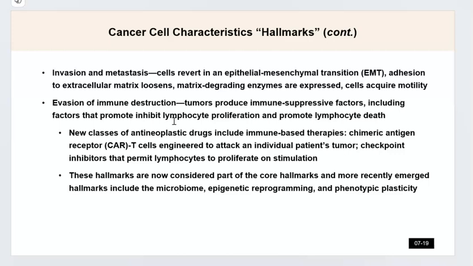The other thing a good old cancer cell can do is evade our natural immune destruction. So the tumors will start to produce immune suppressive factors, including factors that inhibit lymphocyte proliferation and promote lymphocyte death. Isn't that lovely? Because remember, typically in our immune system, the cytotoxic T lymphocytes are capable of killing not only virus-infected self cells, but also cancerous self cells.